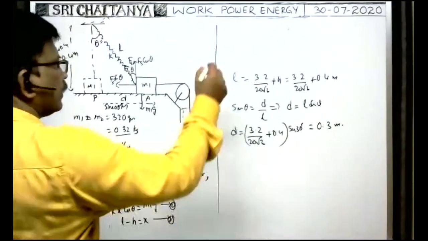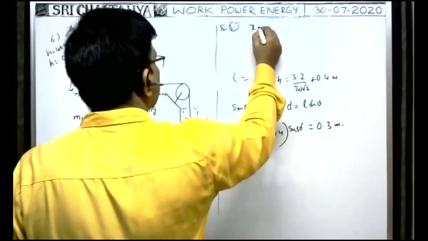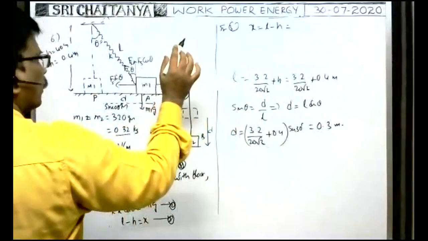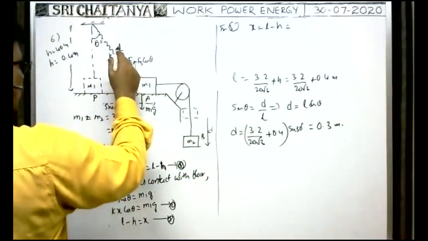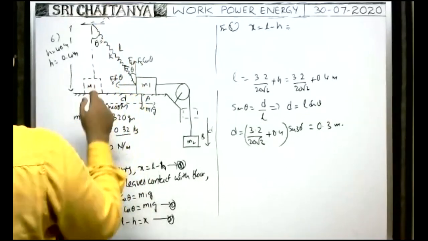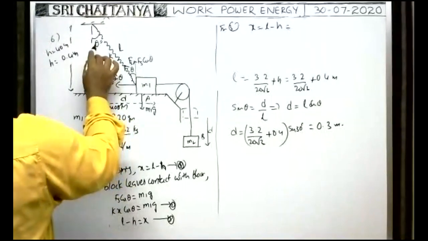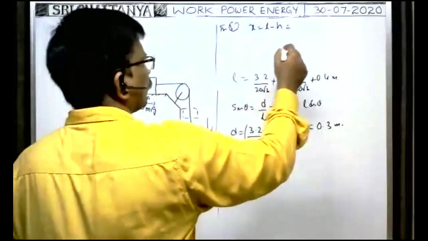Here you see from 3, x is equal to L minus h. The h value is given. What about the L value? You see here, from this diagram, cos theta is equal to h by L we can write now.